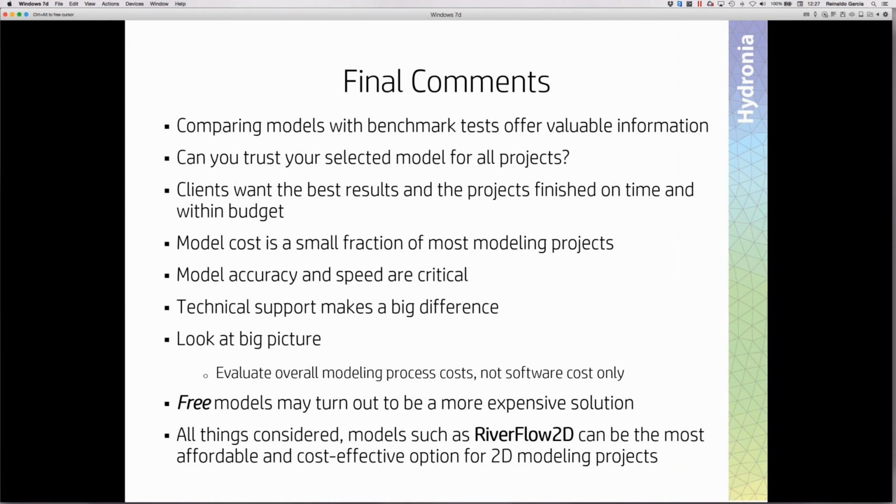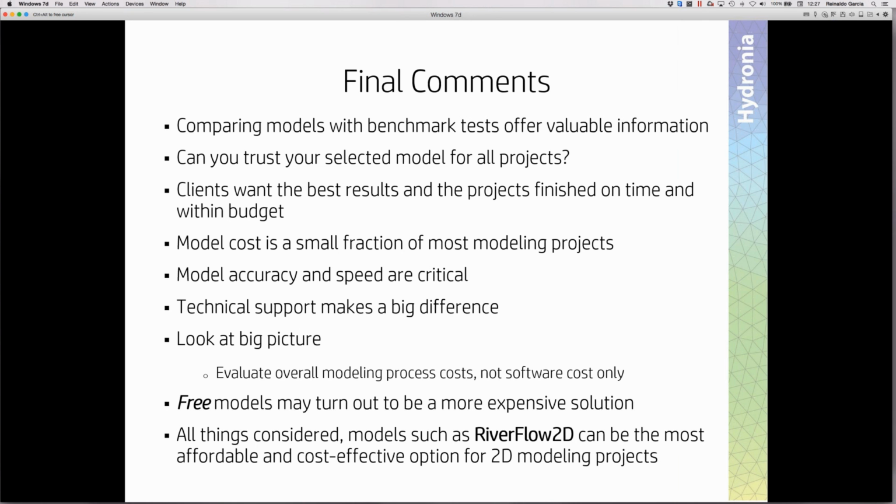Now, all things considered, models such as RiverFlow2D, we are convinced, can be the most affordable and cost-effective option for 2D modeling projects.